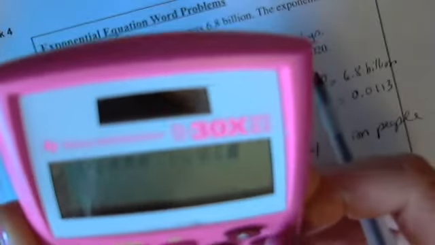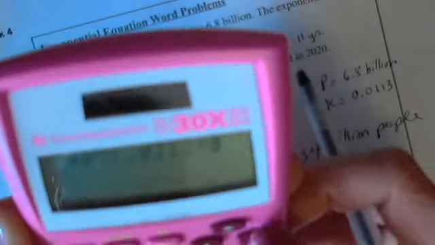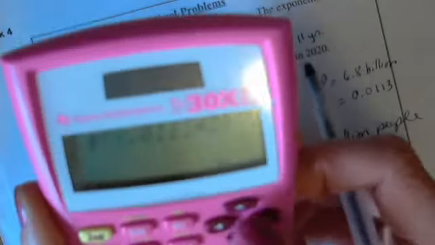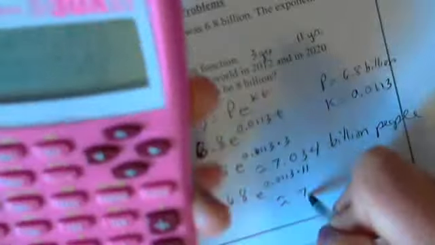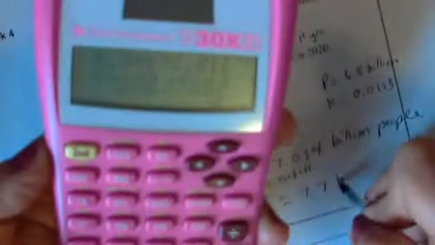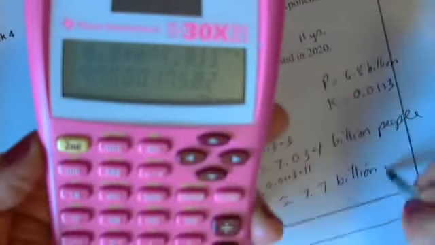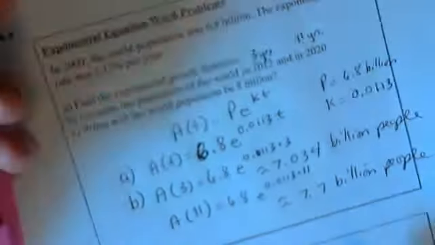Now if you're lucky enough to have a calculator that has the function still in it, I can arrow back over to it and replace this 3 with an 11 and close my parentheses, and I get a population of about 7.7 billion people.